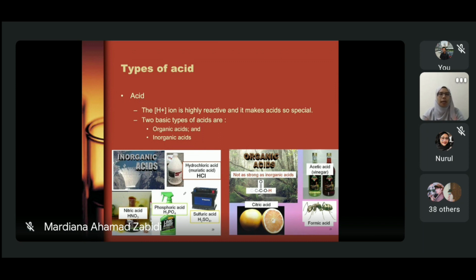Meaning they burn easily. If you have encountered concentrated hydrochloric acid, the bottle should be glass. It must be in glass. When we talk about acid, basically the best storage container will be glass because glass is inert.